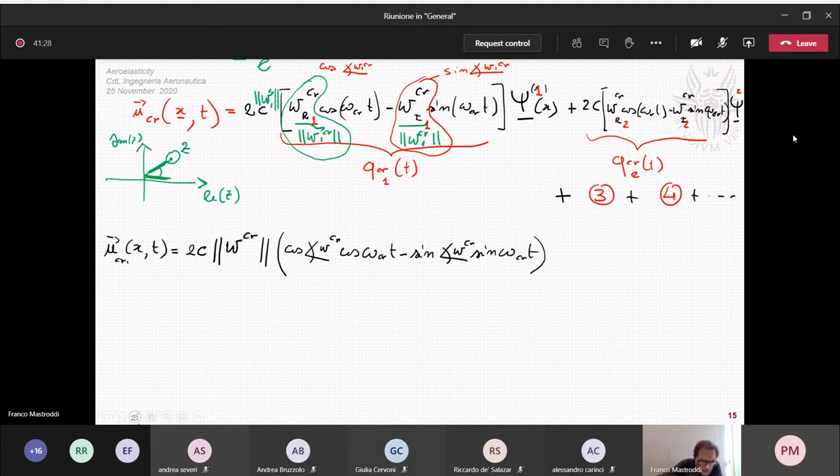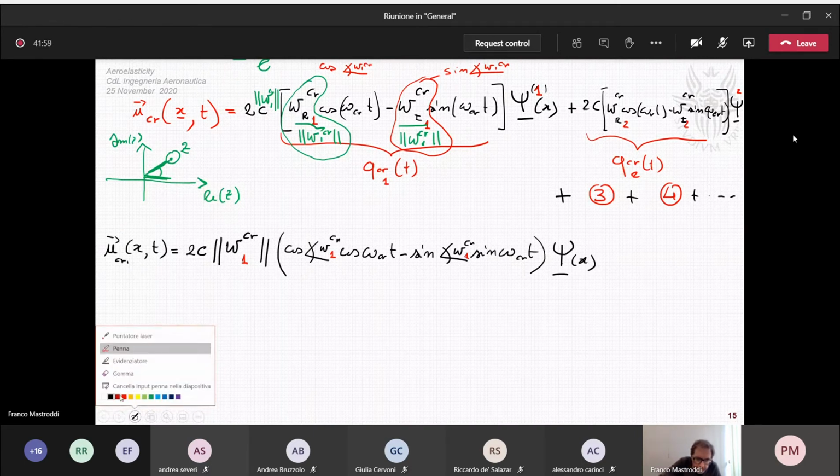And these quantities are referred to the first component of the critical eigenvector, and multiplied by, and this is an algebraic first component, but it's referred to the first mode shape of vibration used in the analysis, indicated by psi1 again.